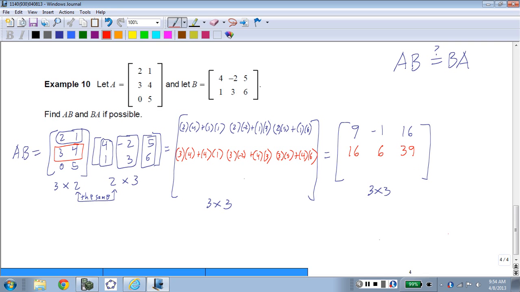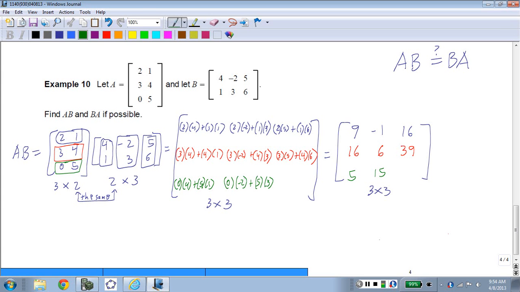We're going to take row, let's go green here, row 3 of the matrix on the left and multiply by the 3 columns of the matrix on the right, and we will get the entries in row 3 of the product matrix. The 0 should help us here. 0 times 4 plus 5 times 1 equals 5. 0 times negative 2 plus 5 times 3 equals 15.